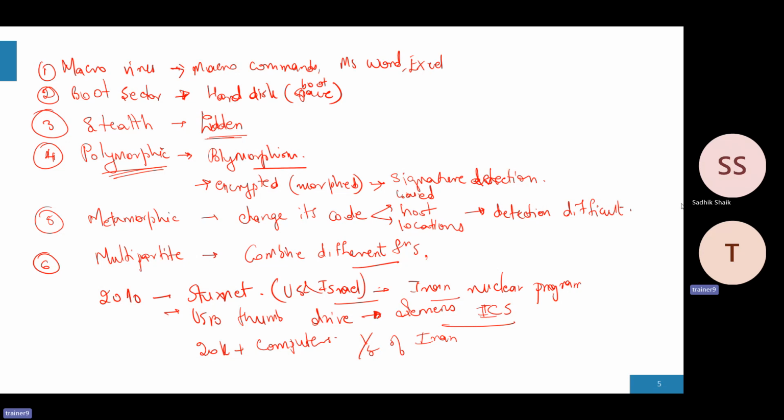There are a couple more viruses which are available. For example, you have the web scripting virus. The web scripting virus is primarily where web scripts get executed. It impacts your web browser, right?